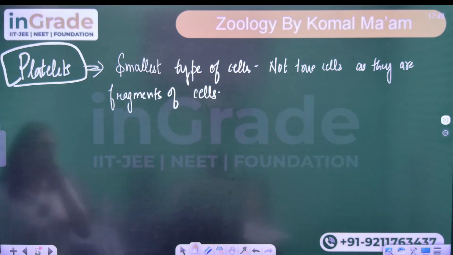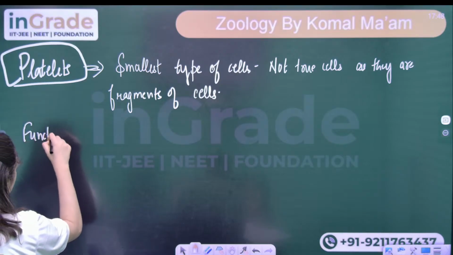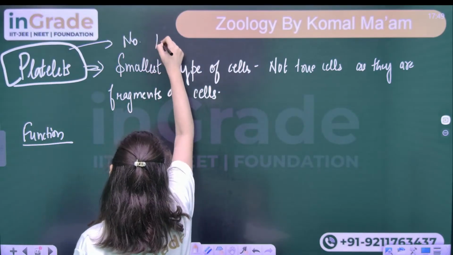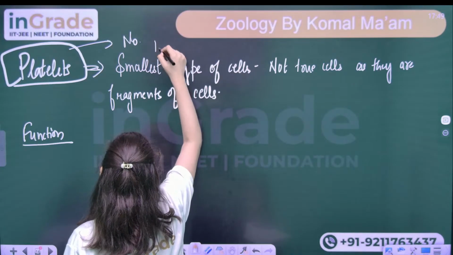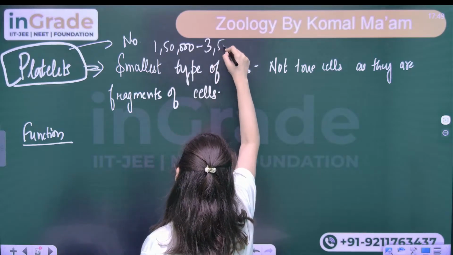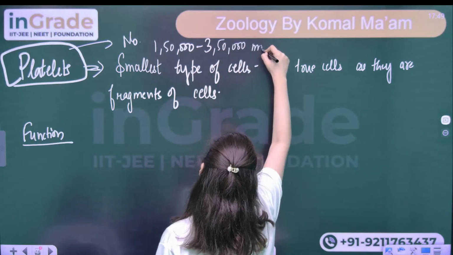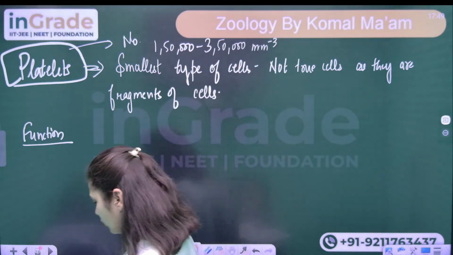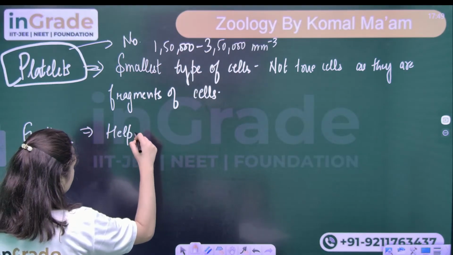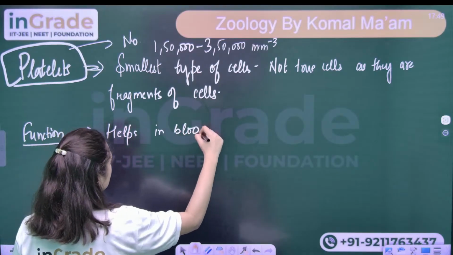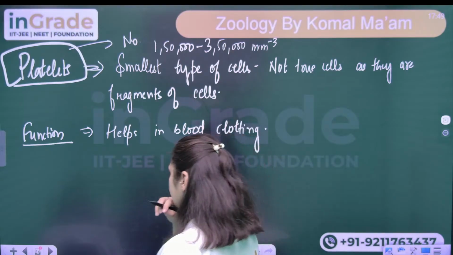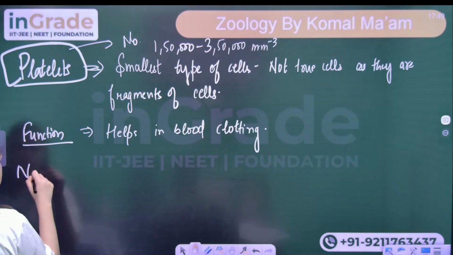What is the function of platelets? What is their number? Their number is around 1.5 lakh to 3.5 lakh per cubic millimeter. Then if we talk about their function, they help in blood clotting.